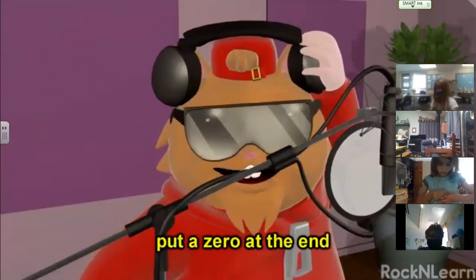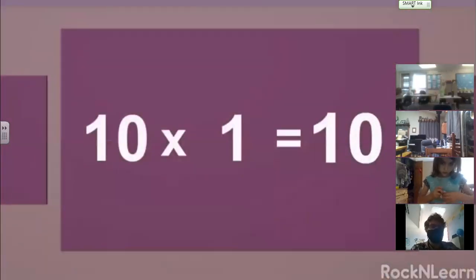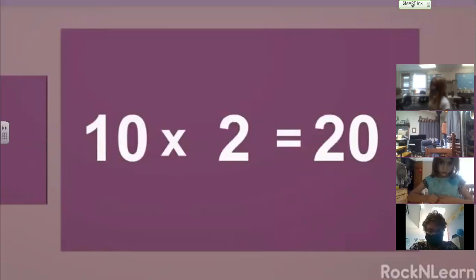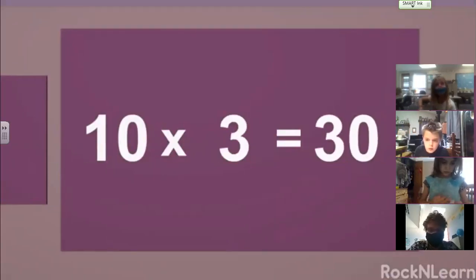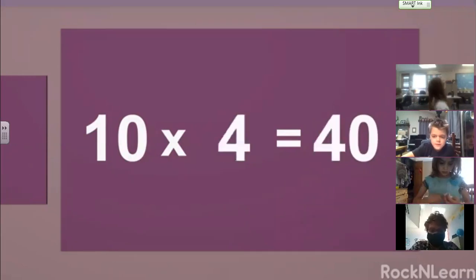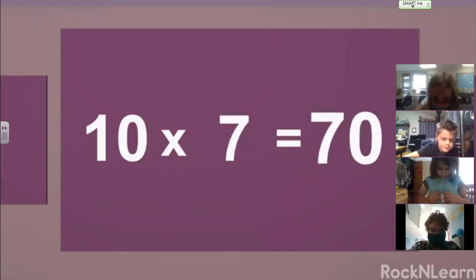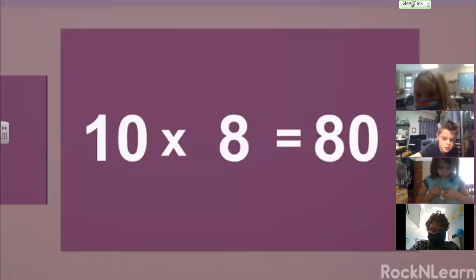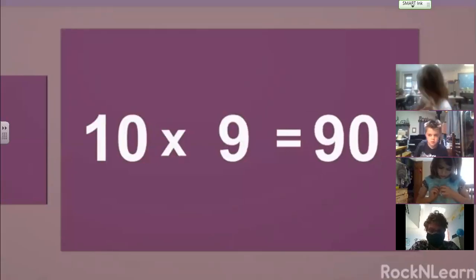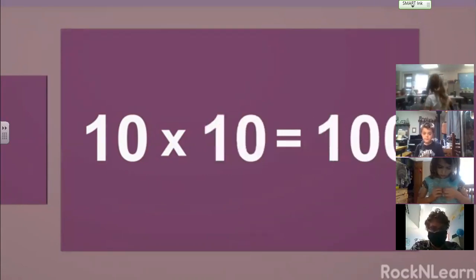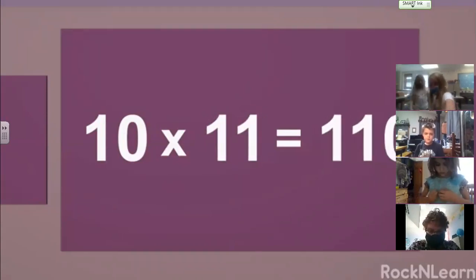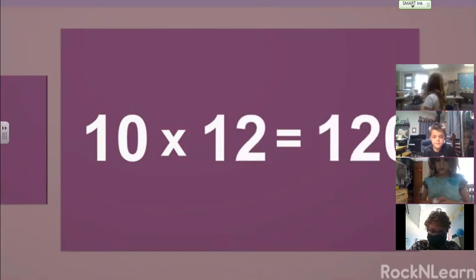All you gotta do is put a 0 at the end. 10 times 1 is 10. 10 times 2 is 20. 10 times 3 is 30. 10 times 4 is 40. 10 times 5 is 50. 10 times 6 is 60. 10 times 7 is 70. 10 times 8 is 80. 10 times 9 is 90. 10 times 10 is 100. 10 times 11 is 110. 10 times 12 is 120.